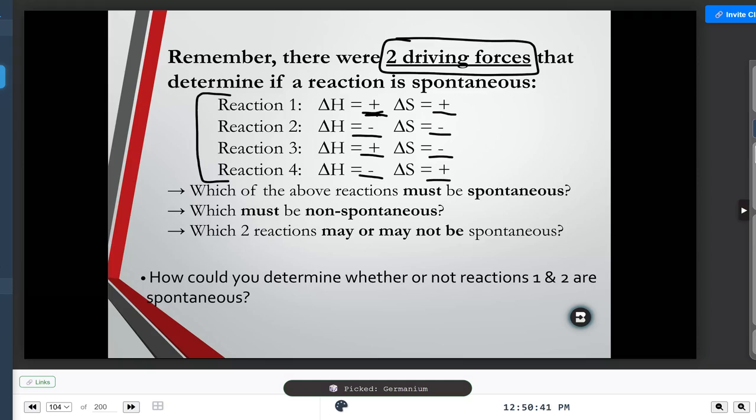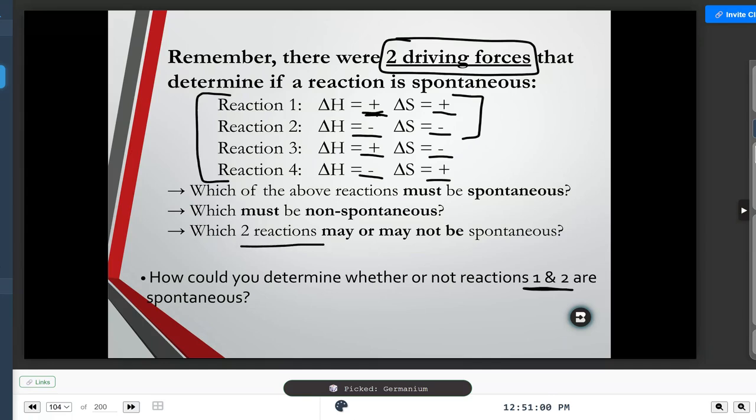Now, these first 2 reactions, we want to talk about. How could you determine whether or not reactions 1 and 2 are spontaneous? Some of these reactions up here must be spontaneous, and some must be non-spontaneous. And 2 of them may or may not be spontaneous, which I think you can probably figure out are 1 and 2.